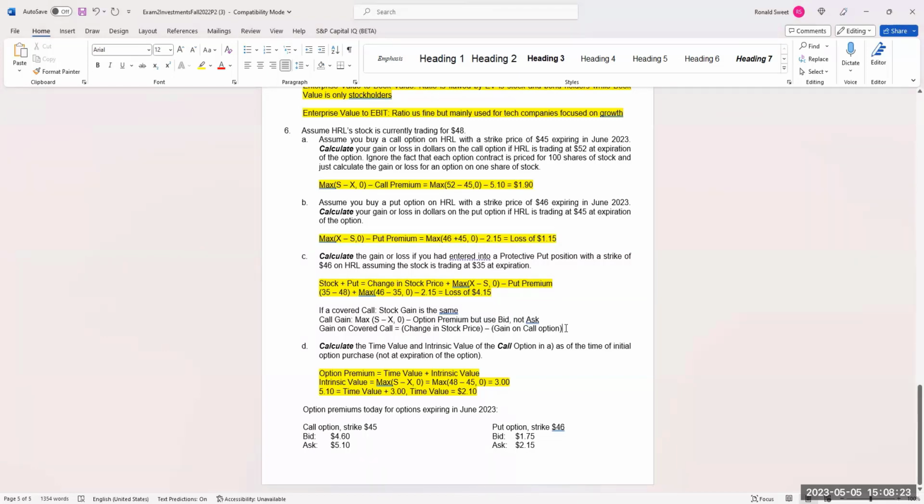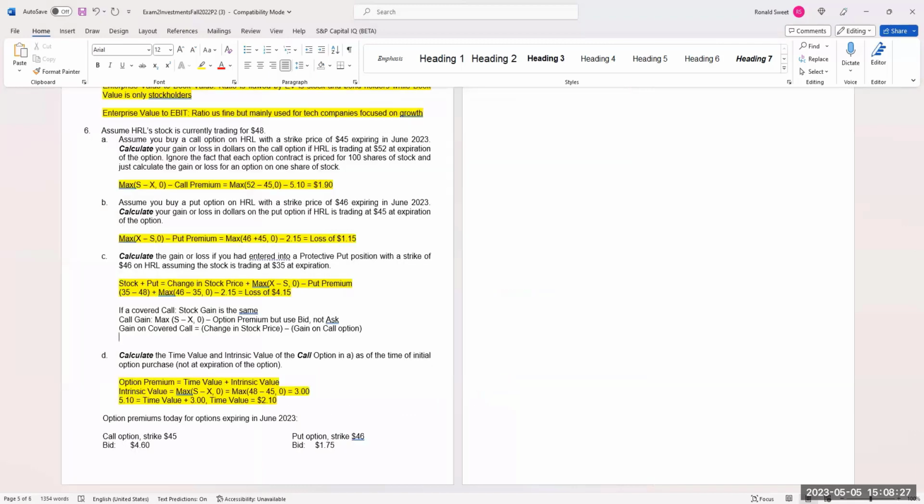you would have 35 minus 48. And then minus this entire thing, max. So the stock is 35 and the strike is 45, and 0. So that's 0 as the stock price fell.